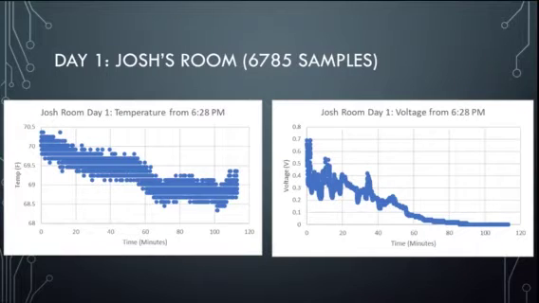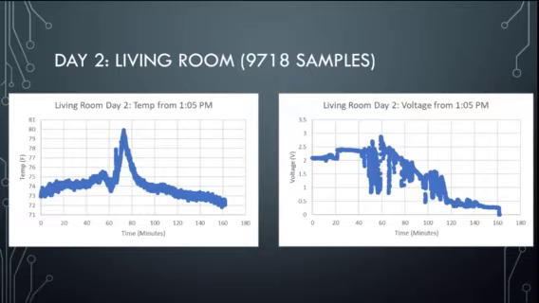So you can see on day one in Josh's room, it was already 6:30, so by 7:30 there was barely any sunlight, and that time the temperature didn't vary that much, so that's why the line is a bit thick. Day two, I started at 1 o'clock in the living room.